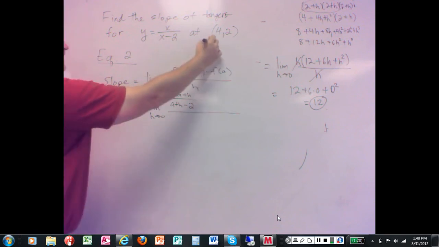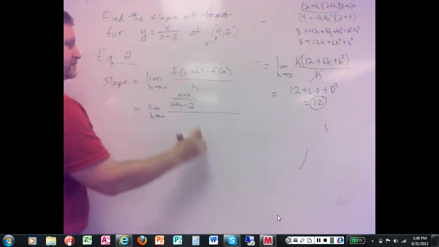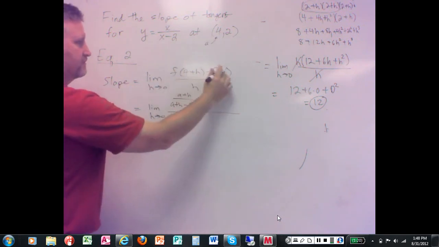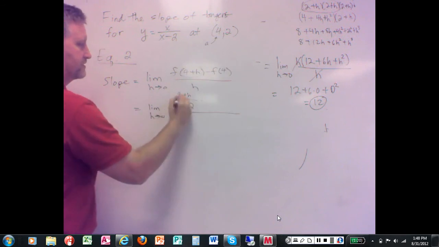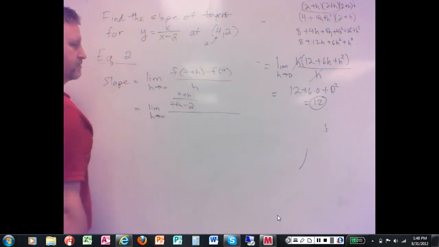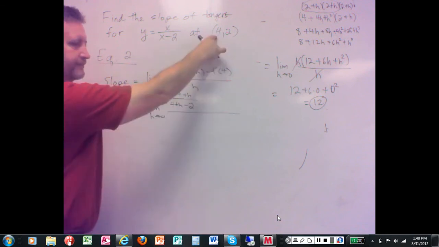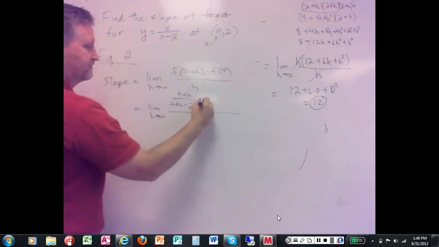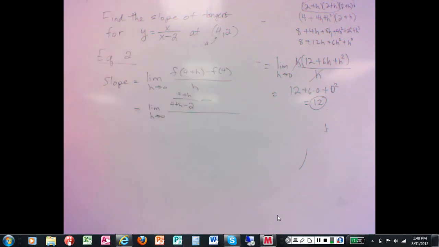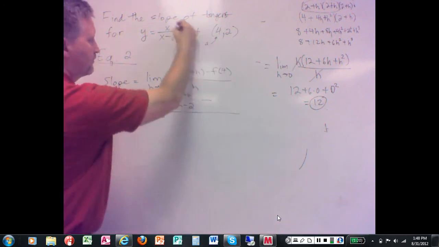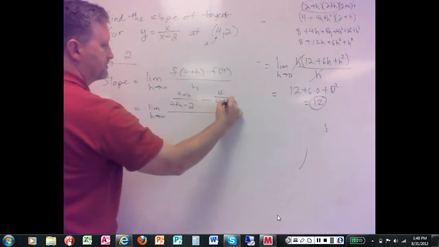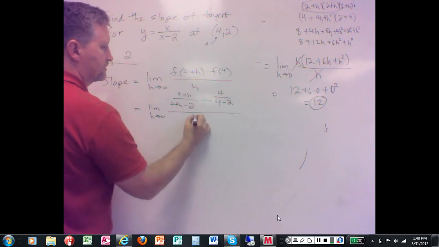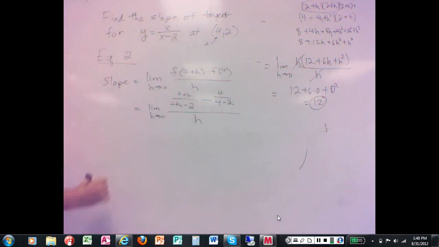Oh, and I forgot, we do have a here, don't we? A is 4, so let's replace the a by 4. So it's 4 plus h over 4 plus h minus 2. I was thinking a little far ahead there. F of 4 then would be 4 over 4 minus 2. And then we still have over h.